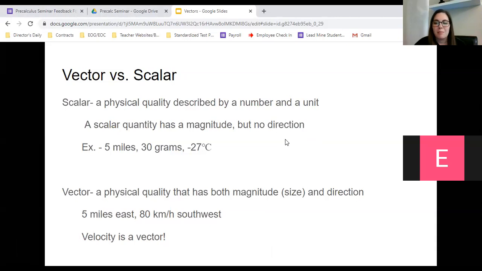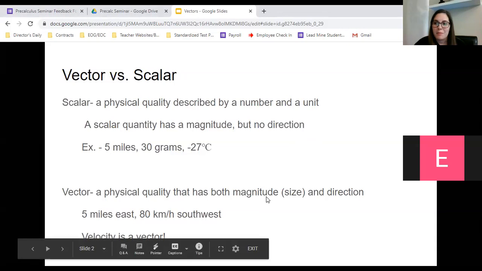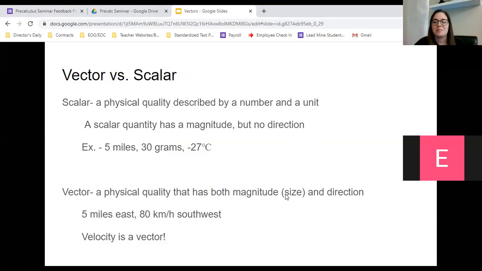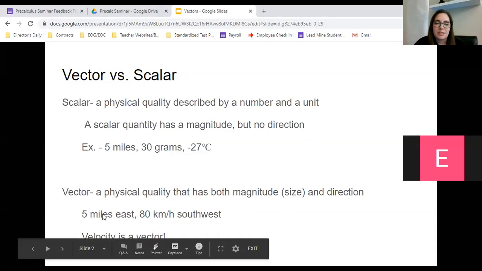They have a magnitude and a direction. That word magnitude just means size. It's going to be the length of our line. So a little bit more specifically, vectors are things like 5 miles east, where we have that magnitude, 5 miles, and that direction, east, or 80 kilometers per hour southwest, that magnitude and that direction.